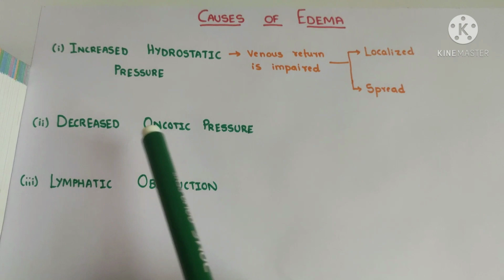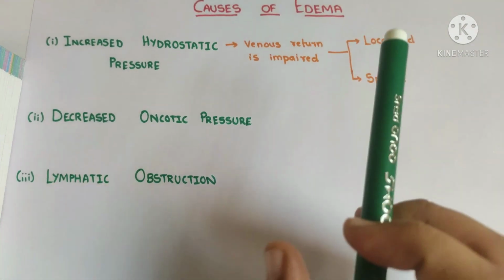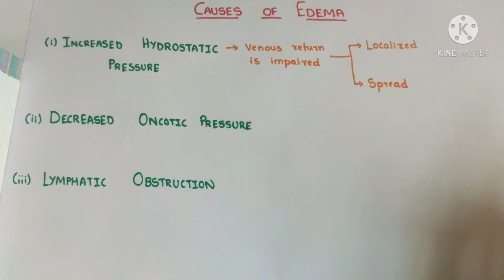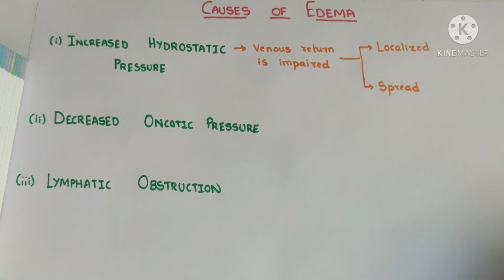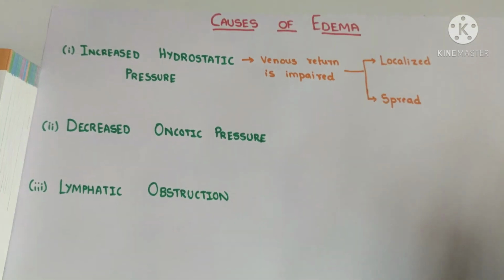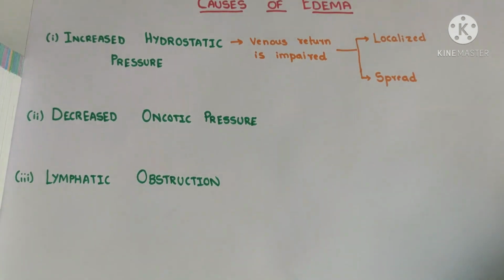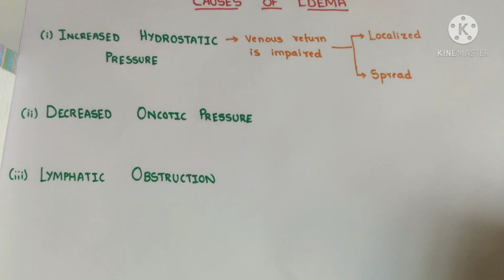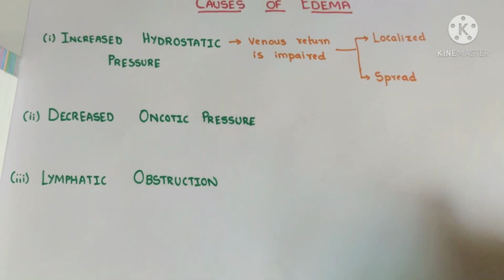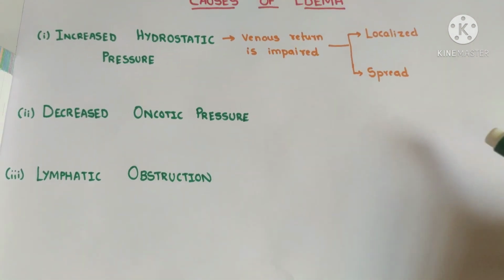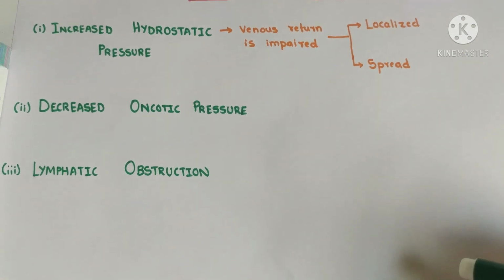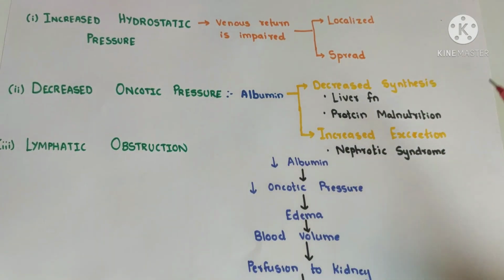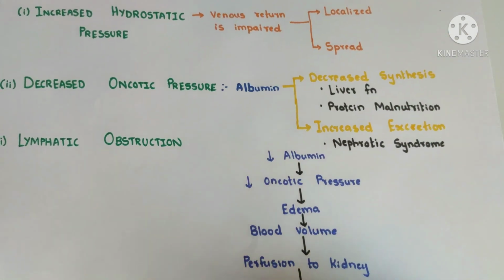Now, another is decreased oncotic pressure. We know one thing very well, that albumin plays a very important role in oncotic pressure. Now what will happen if this albumin is reduced? Now you will ask me how this albumin will be reduced. There can be decreased synthesis of albumin or increased excretion of albumin, right? The decreased synthesis can be because of disturbed liver function.